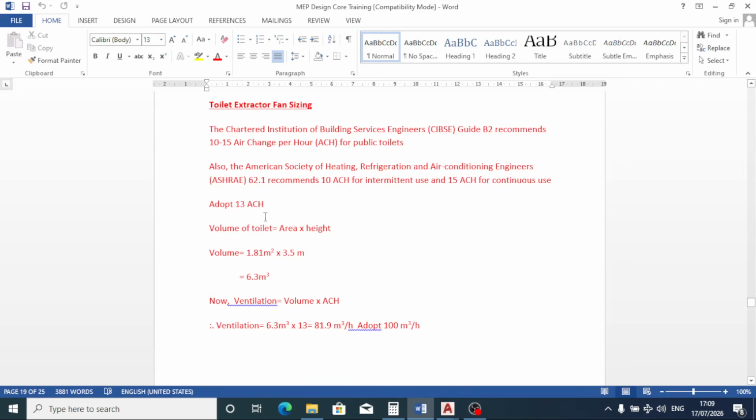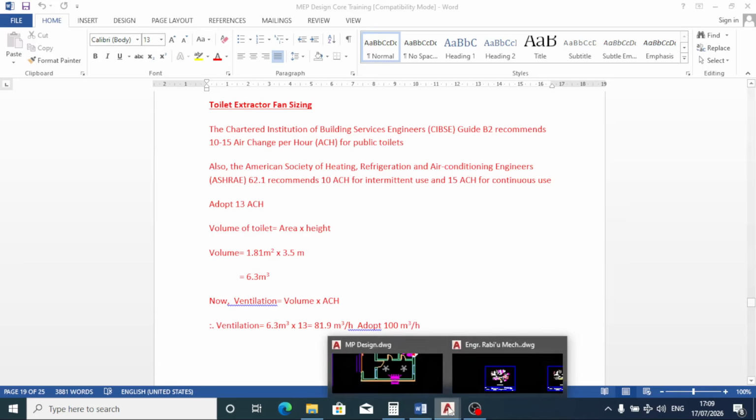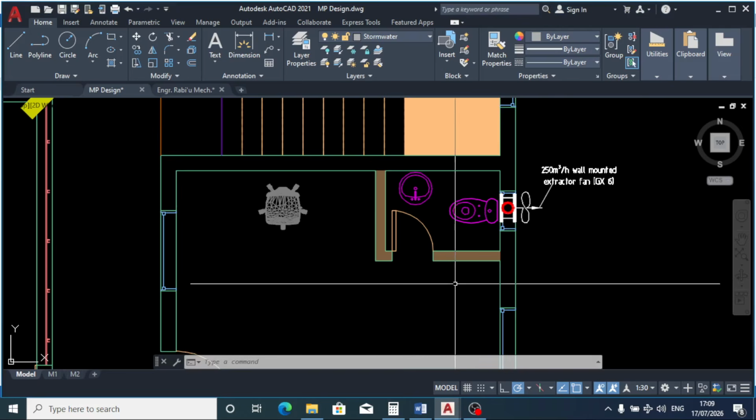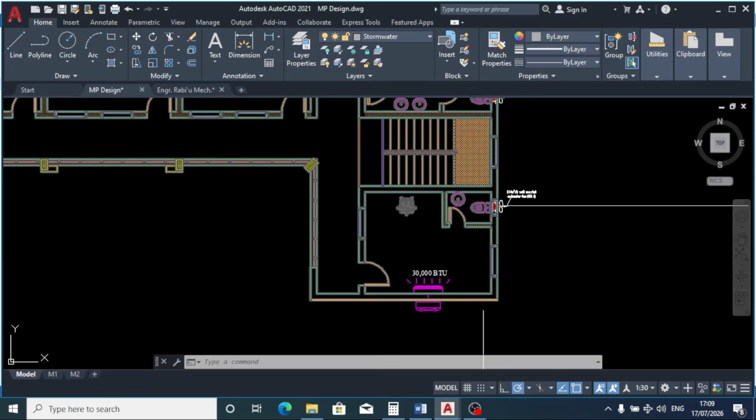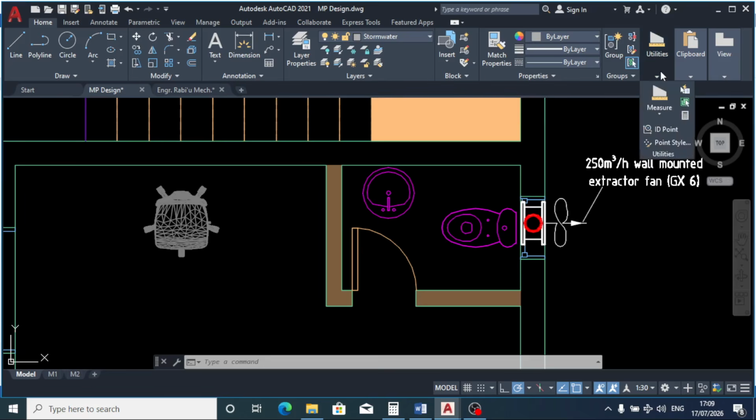So now since we are adopting 13 air changes per hour, we are going to require the volume of the toilet so as to size our extractor fan. Now let's go back to our design. Let's start with this toilet. Let's get the area.